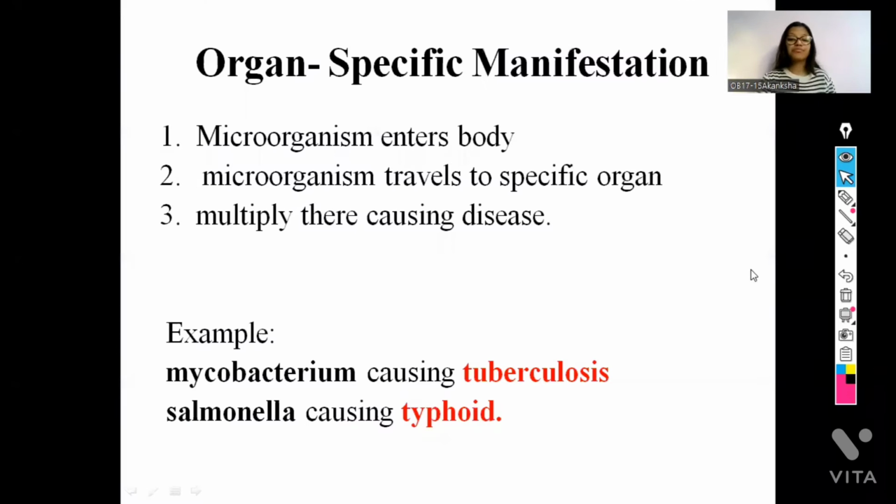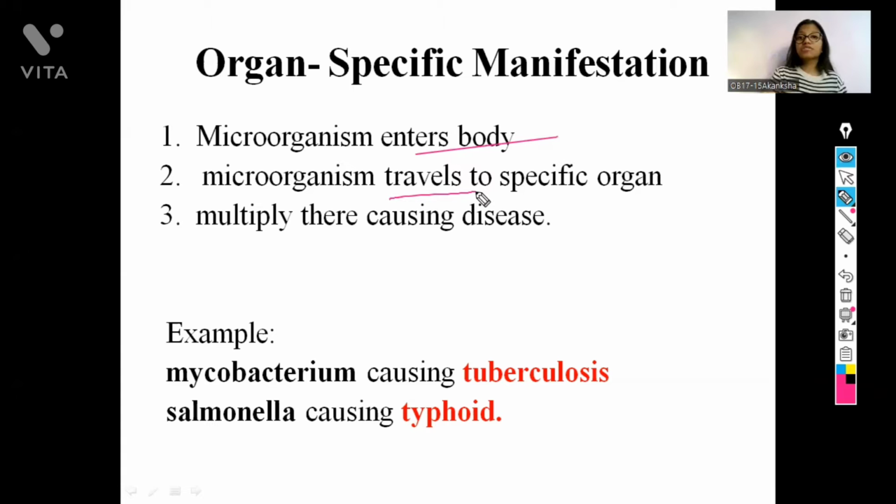Talking about organ specific manifestations, here are some important points, and we will see how these organ specific manifestations are caused. They are caused by microorganisms, the pathogens that are harmful for our body, microscopic organisms. These microorganisms enter our body, and then they travel to a specific organ.